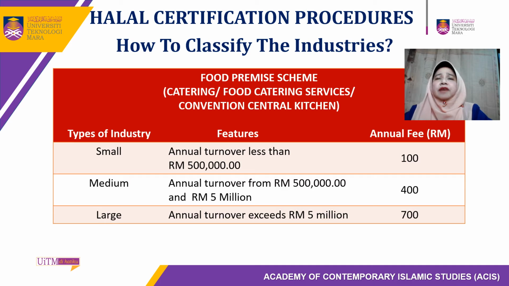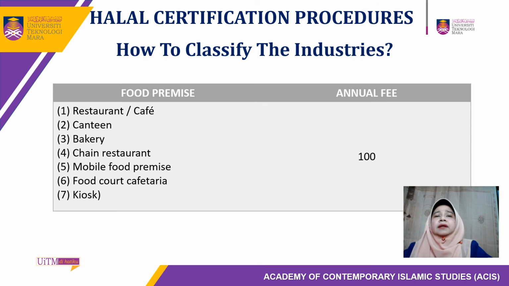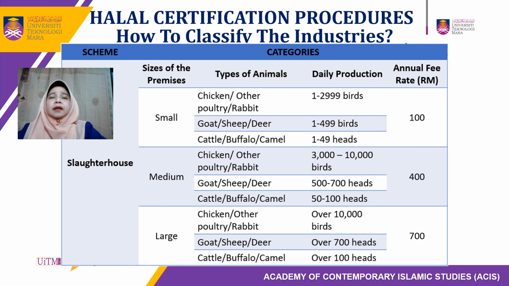And then we also have the classification of the food premise scheme, catering, food catering services, a conventional central kitchen. We look into the type of industry, small, medium or large, and the annual turnover, and we can identify the annual fee for that kind of industry. We also have the food premise: the restaurant, cafe, canteen, bakery, chain restaurant, mobile food premise, food court criteria, and also the kiosk.